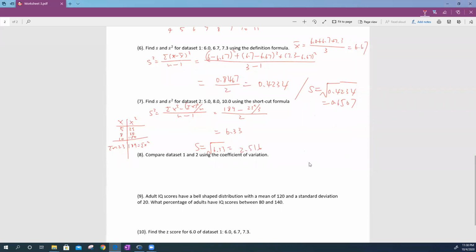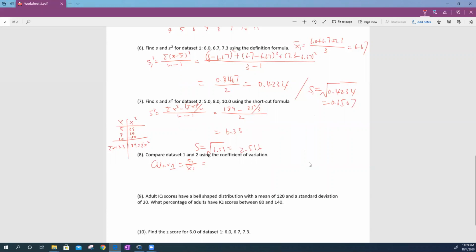And then compare using the CV bar. So CV 1 will be the first one. So standard deviation of the first data set divided by the mean of the first one. So let's say this is x1 bar, and then s1 squared, s1.